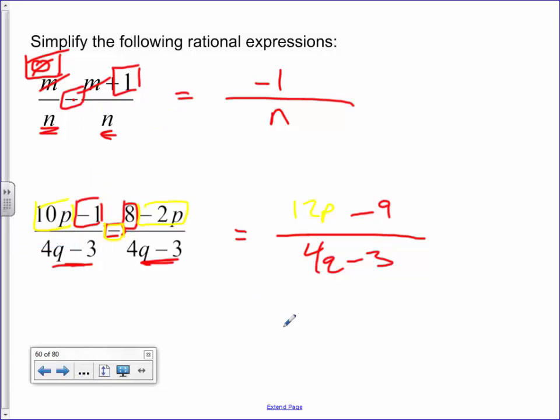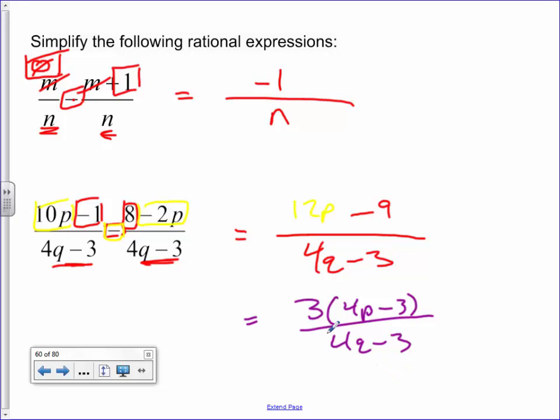That's it? Well, there is one more thing we should consider. It is sometimes possible to factor and cancel. 12 and 9 do have a number in common: 3. So you could factor to become 3 on the top, and then you'd have a 4p minus 3 and a 4q minus 3. I don't know whether I did this on purpose to illustrate that you actually can't cancel it, can you?